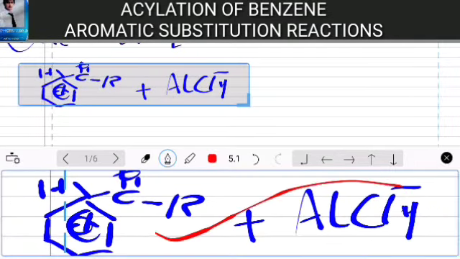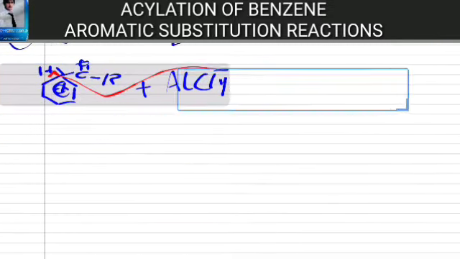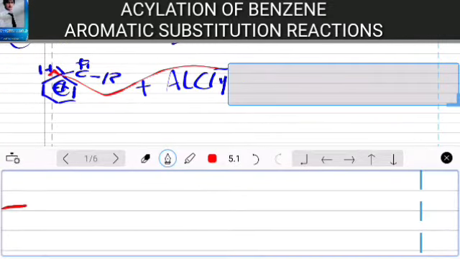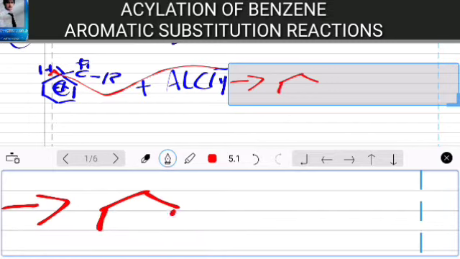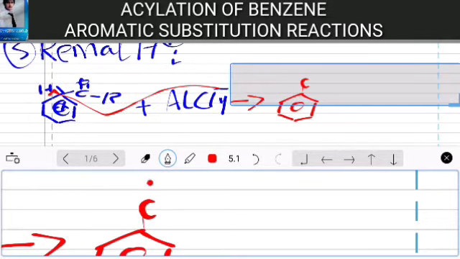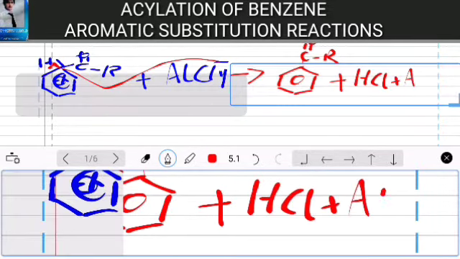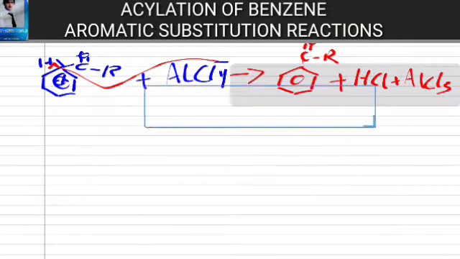It attacks on the H of the sigma complex, and we get our product in the form of a ketone, here with HCl plus AlCl3.